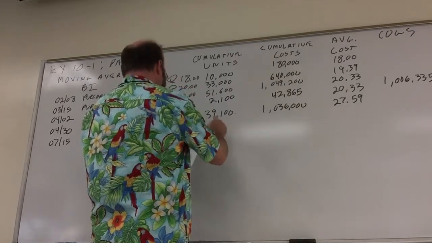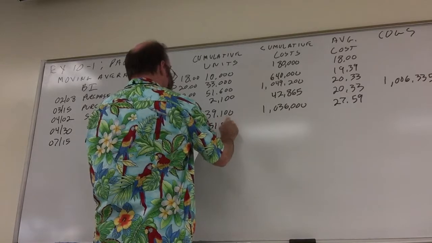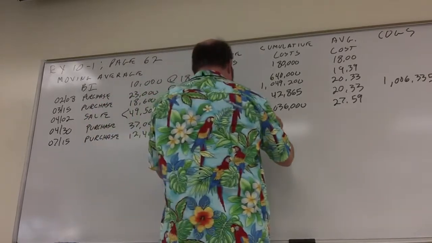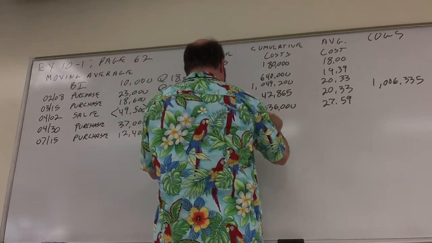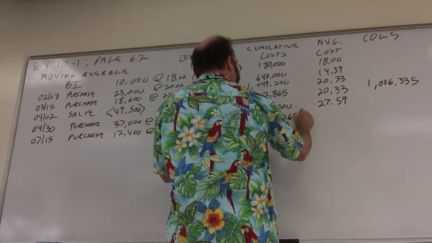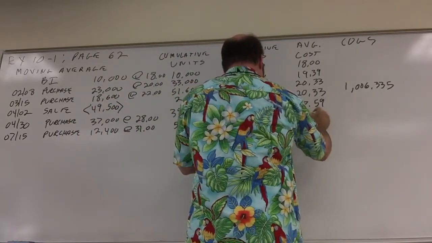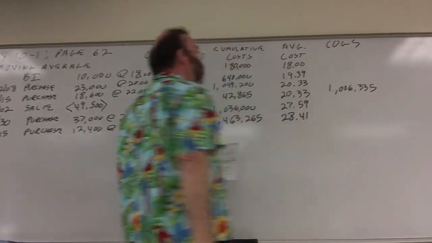That brings our total number of units to 51,500 at a total cost of $1,463,265. Divide those out. You get $28.41 per unit.